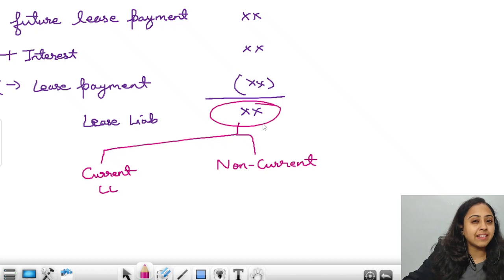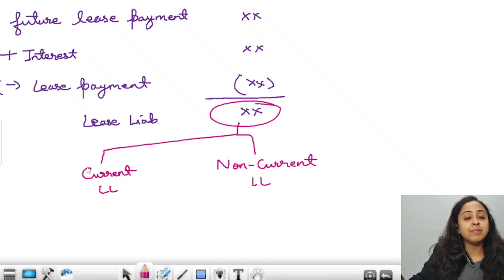Instead of recording the entire 4 lakhs as one figure in the balance sheet, you have to make a bifurcation, for example, of 1 year and the remaining 3 years. The next 12 months will be recorded as current lease liability, and any payments to be made after the completion of the normal operating cycle or next 12 months will be recorded as non-current lease liability.